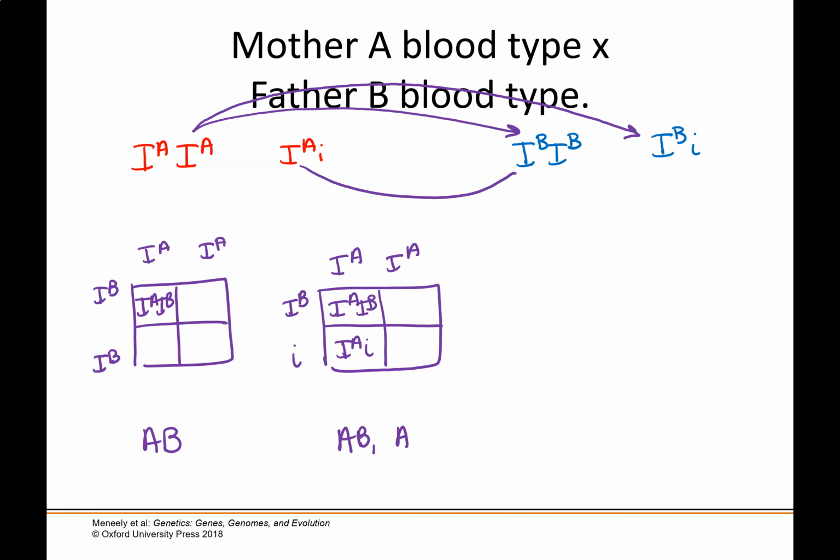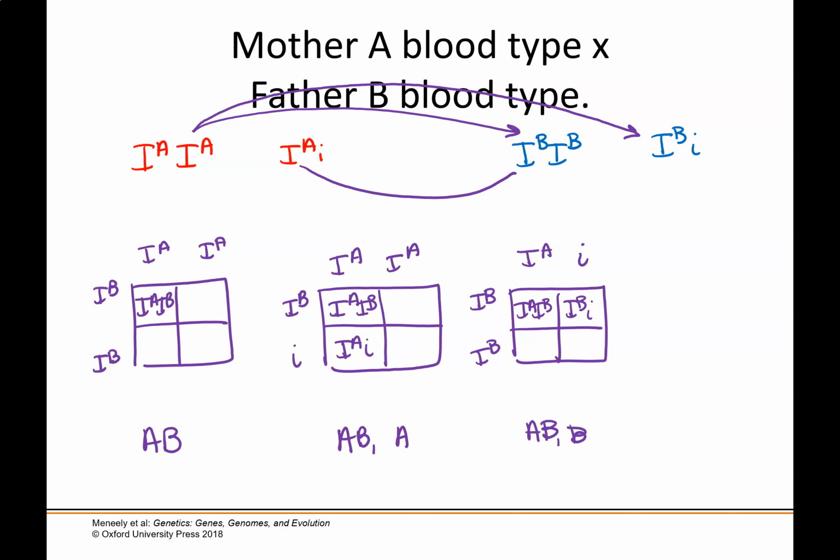Let's do the opposite, the heterozygous for A and homozygous for B. We're going to get the opposite there. We're going to get AB or B. And then let's do the two heterozygous.